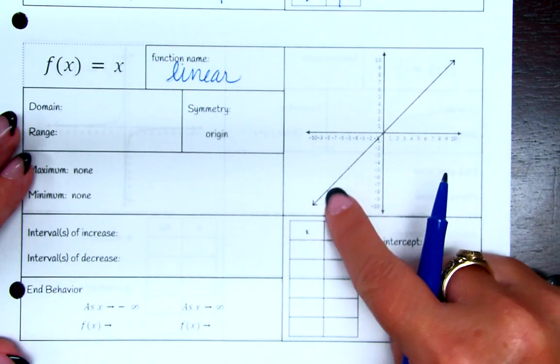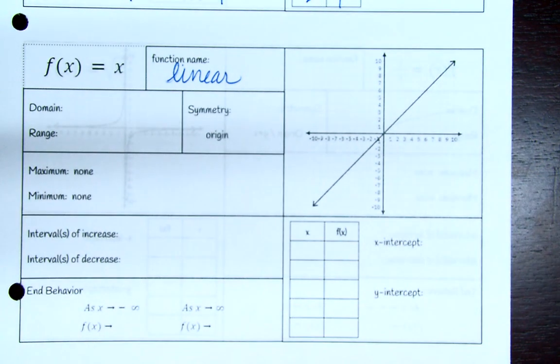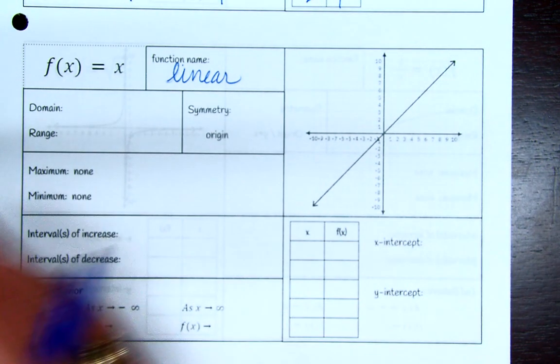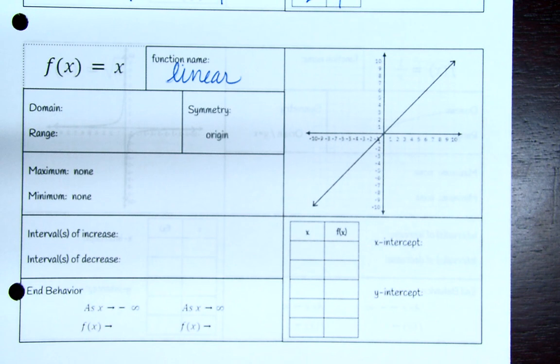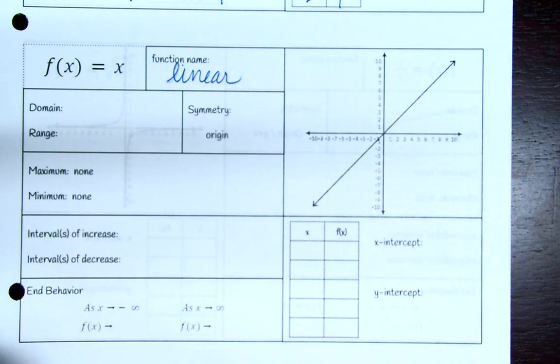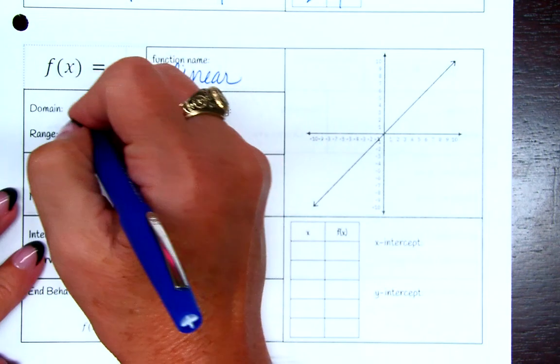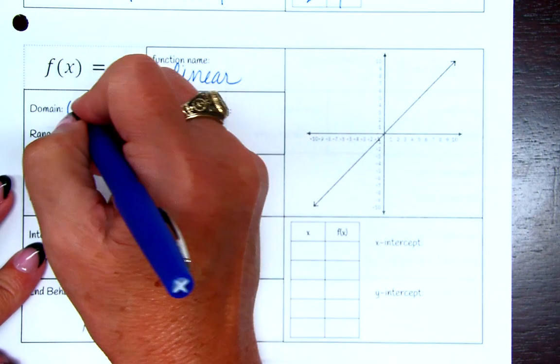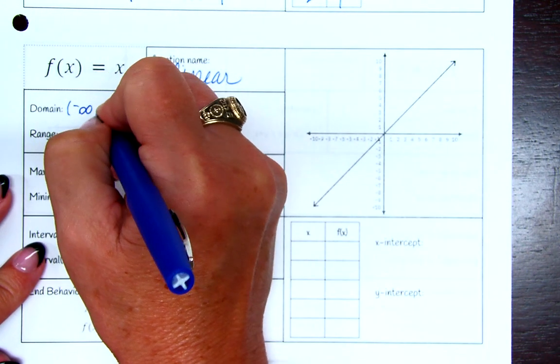All right, so looking at the graph, let's talk about domain. How far to the left does it go? All the way, right? How far to the right does it go? All the way. So my domain in interval notation is negative infinity to infinity.